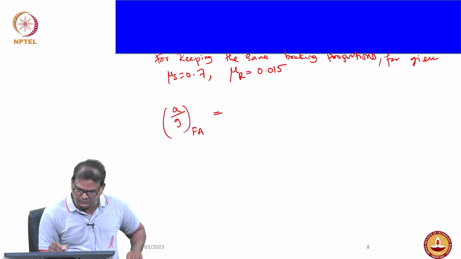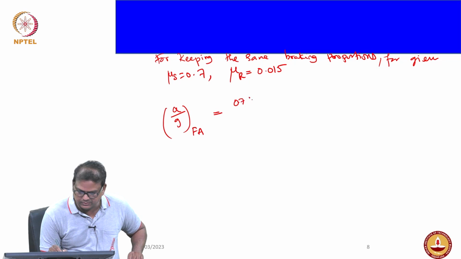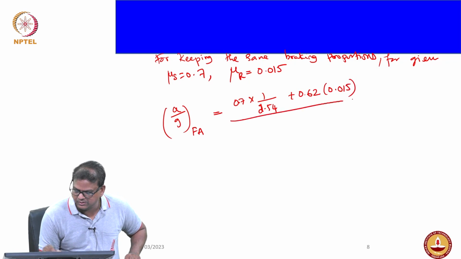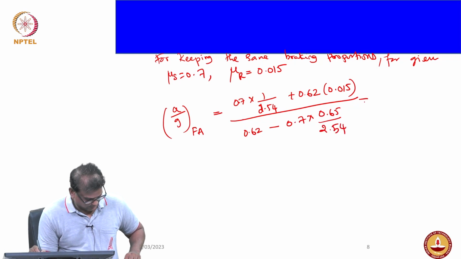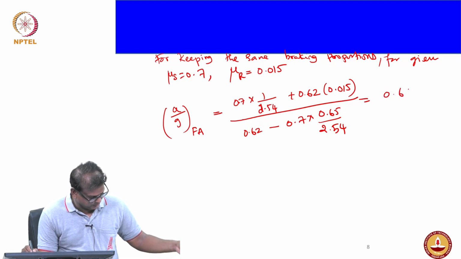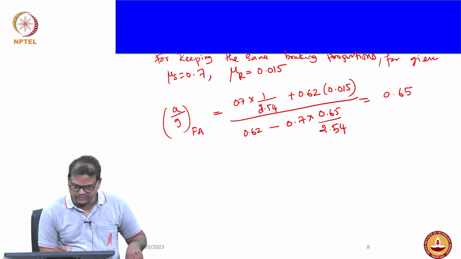I'll straight away put in the values rather than rewriting the formulae. 0.7 and 2.54 plus 0.62. That should give me 0.646, maybe I will make it 0.65. This is my front axle.